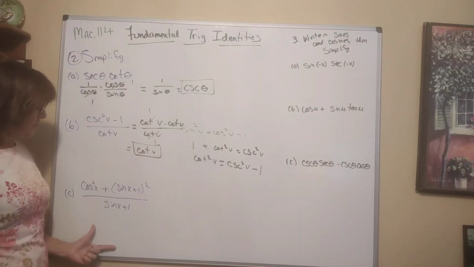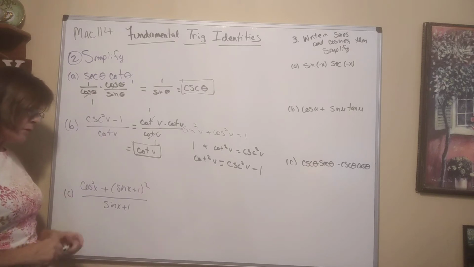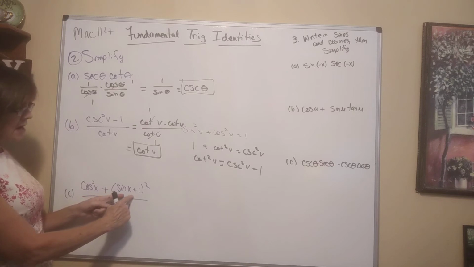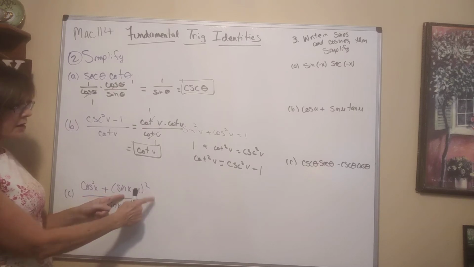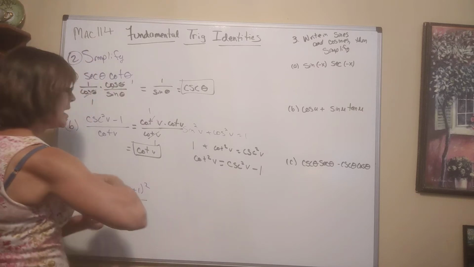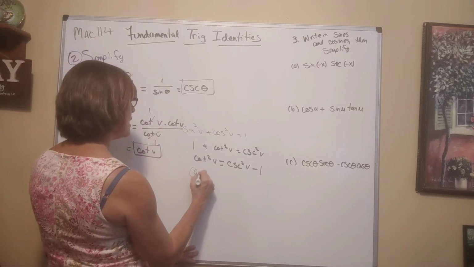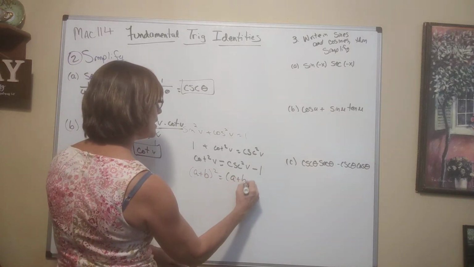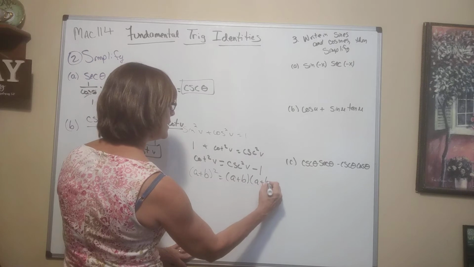All right, let's look at this one. What should we do here? I don't know exactly, but I just start trying stuff. Do you see how this is sine x plus 1 squared? I want to demonstrate how to properly square this. If I have a plus b squared, this is the same thing as a plus b times a plus b.